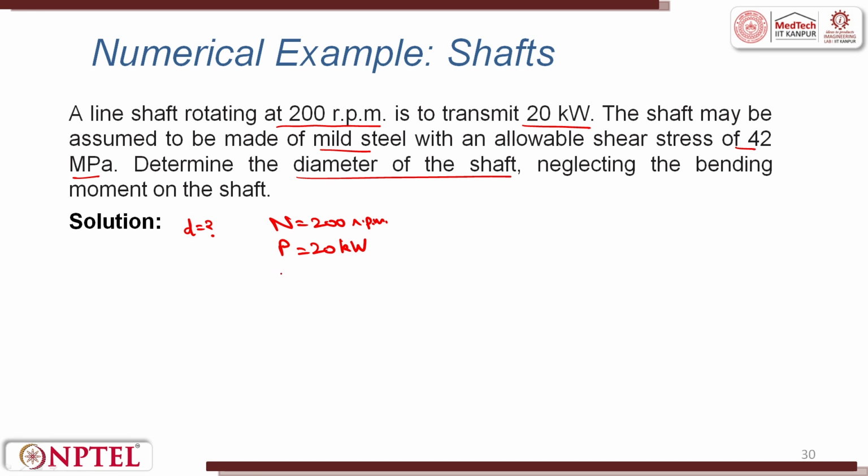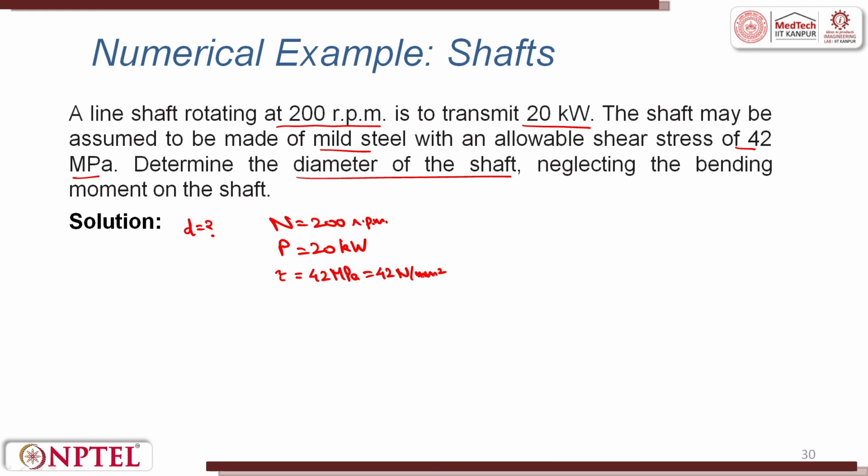Also, it is given the allowable shear stress, that is tau is equal to 42 megapascal, which is equal to 42 Newton per millimeter square.